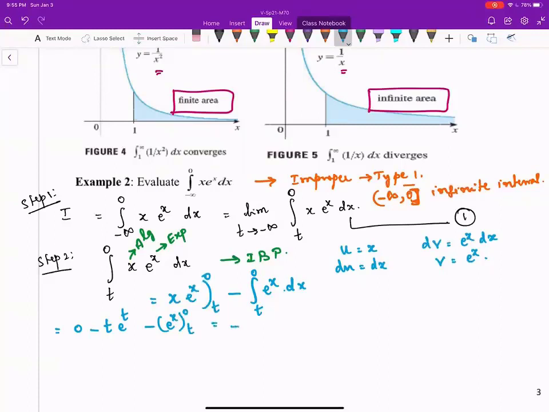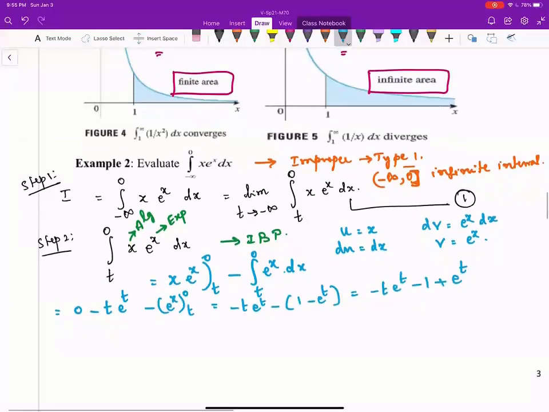So that turns out to be negative t e to the t minus e to the 0, which is 1, minus e to the t. That becomes negative t e to the t minus 1 plus e to the t.